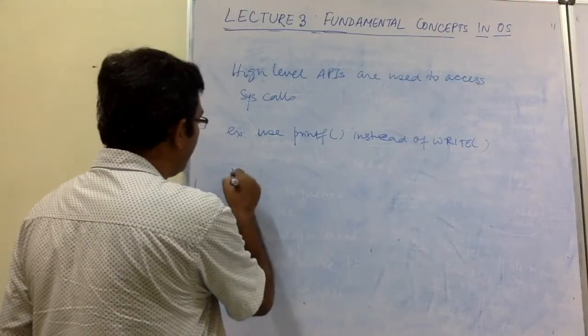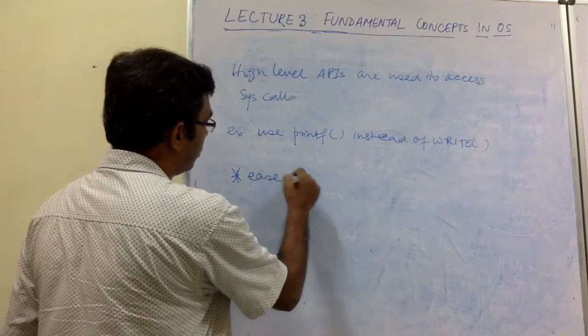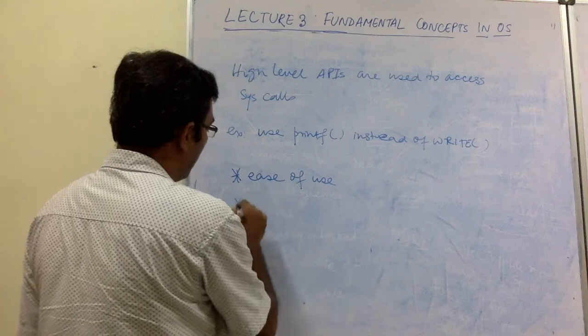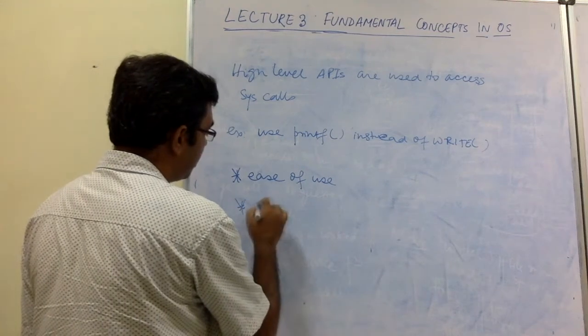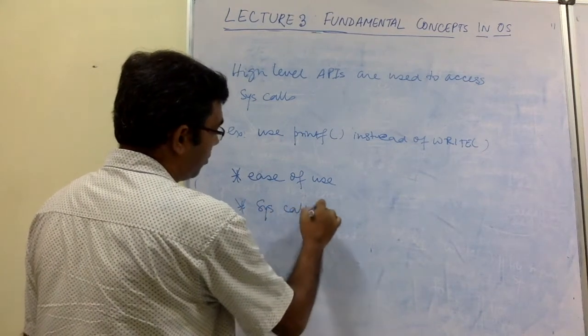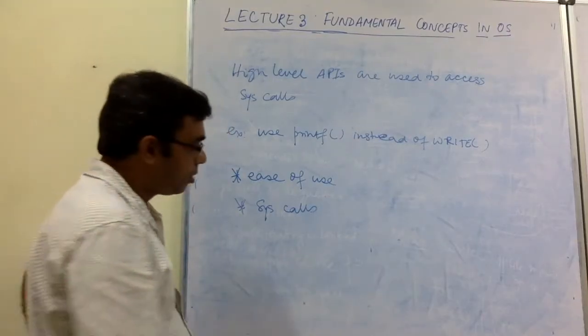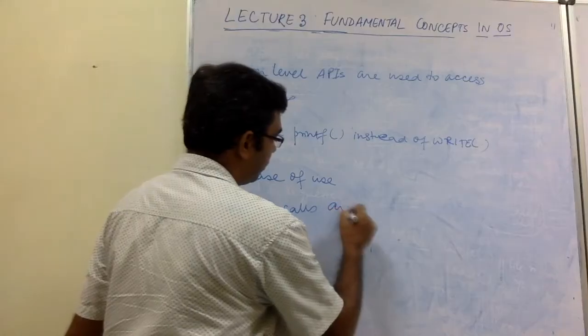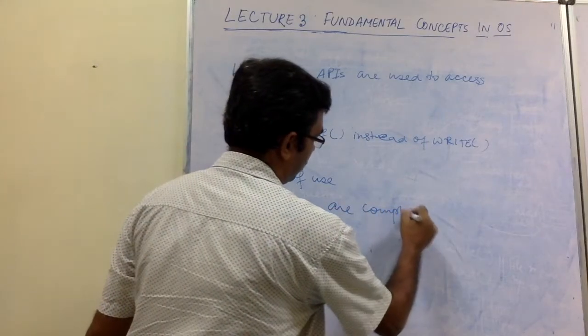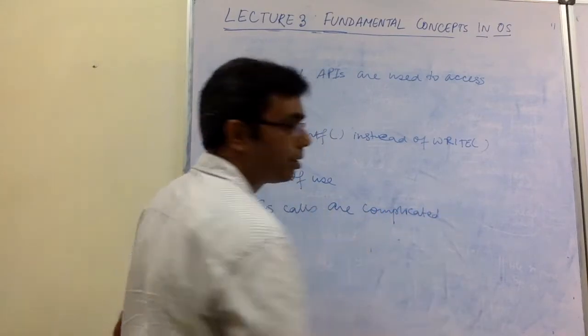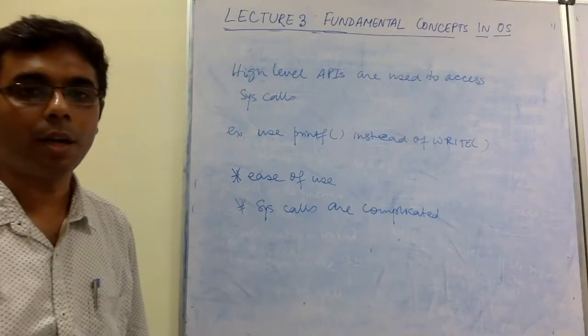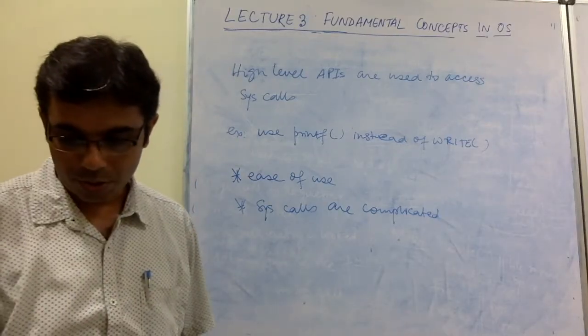So the primary reason is ease of use, and the system calls are mainly error prone. They are very complicated, so it's better to avoid that. If we have some facility, a simpler one, it's better to use this.